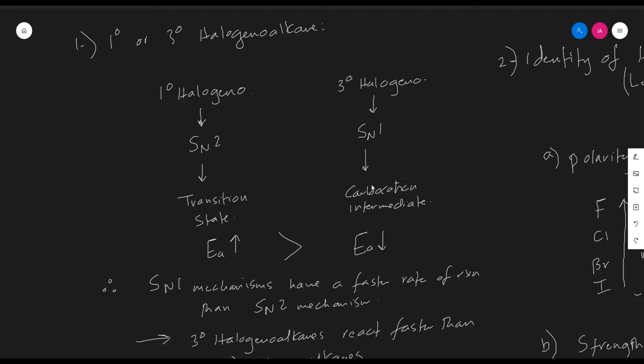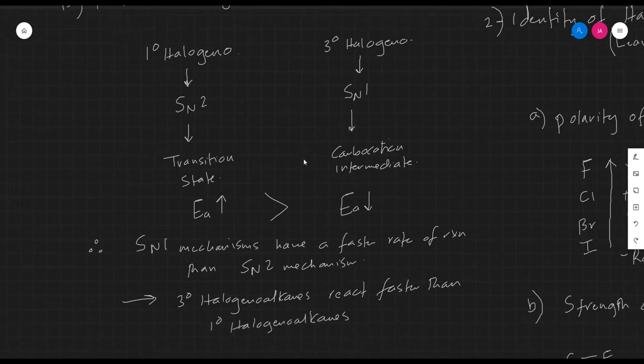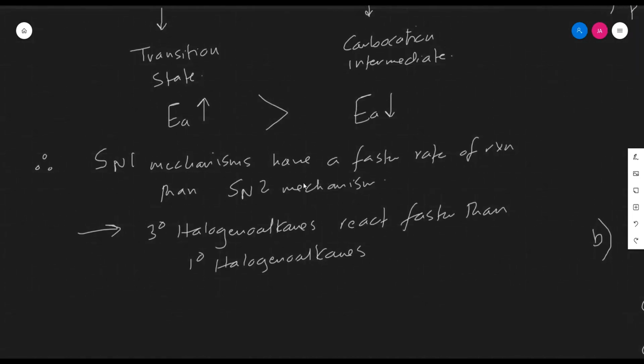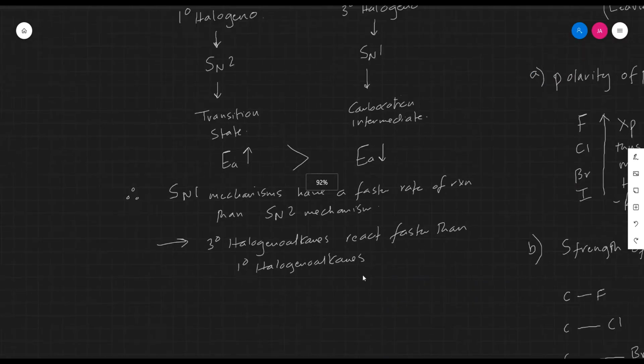And thus, if both reactions were carried out at the same temperature, the tertiary halogenoalkane, which forms a carbocation intermediate, would have the faster rate of reaction. Therefore, SN1 mechanisms have a faster rate of reaction than SN2 mechanisms, and therefore tertiary halogenoalkanes always react faster than primary halogenoalkanes.